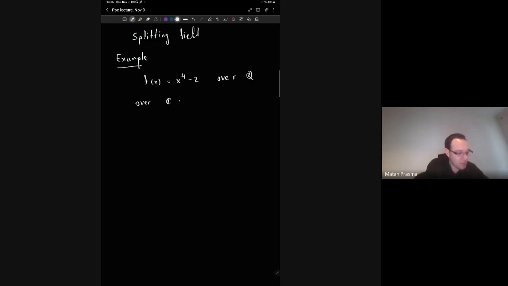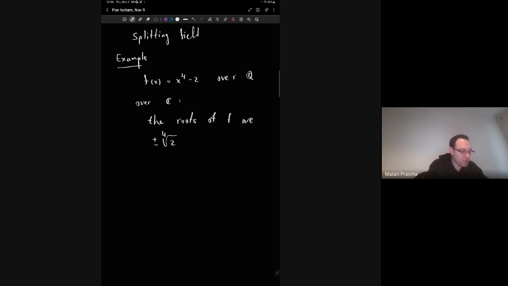Specifically, the roots of f are: one pair of roots is a fourth root of 2, but it could be positive or negative.